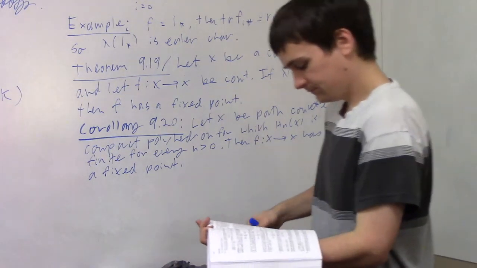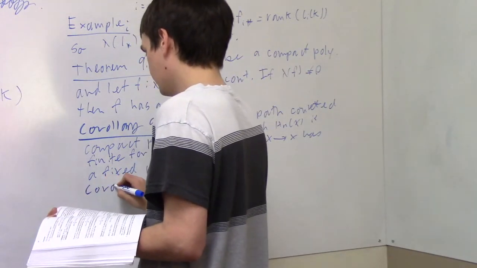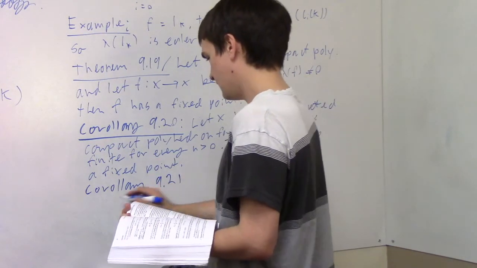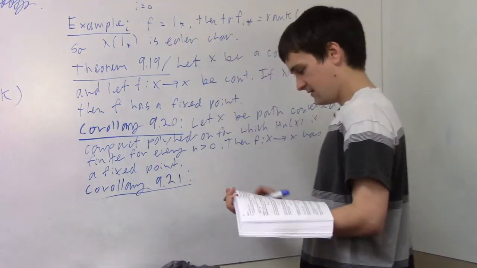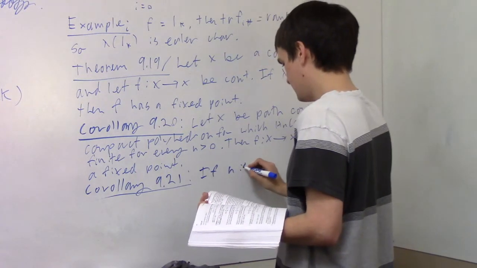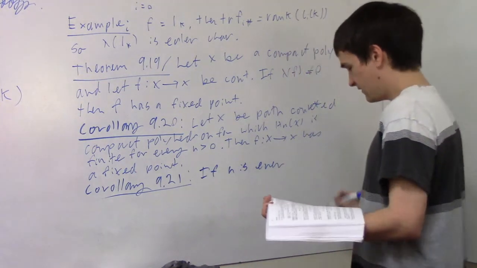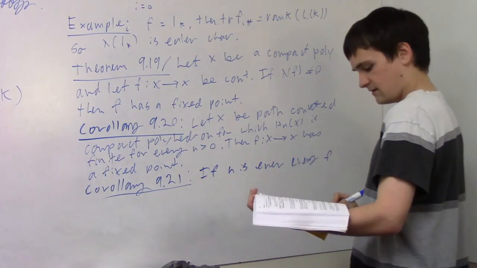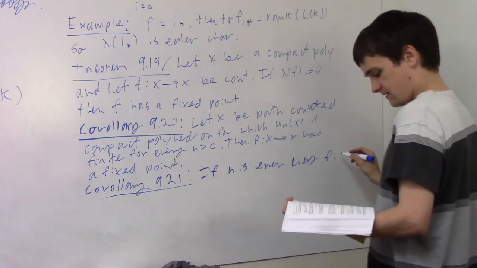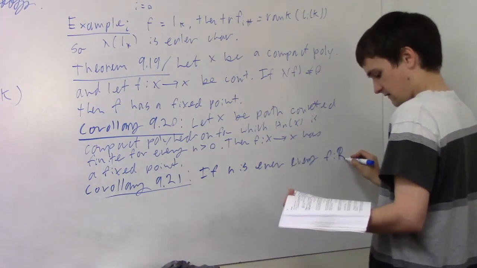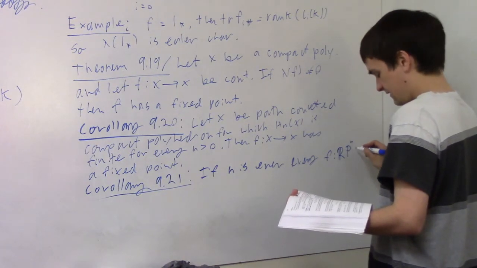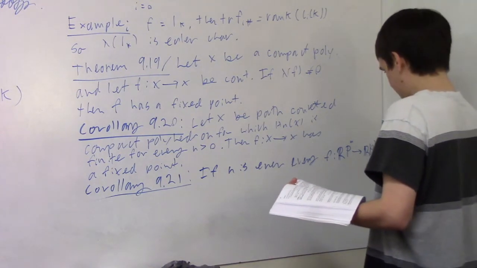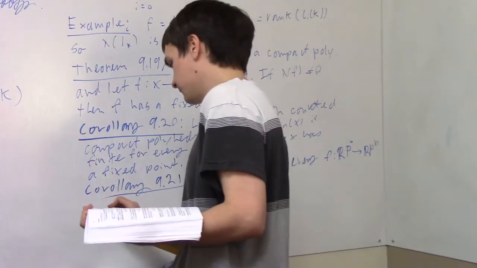So the corollary to that, 9.21: if n is even, every continuous map f from real projective n-space to real projective n-space has a fixed point.